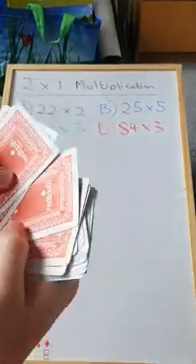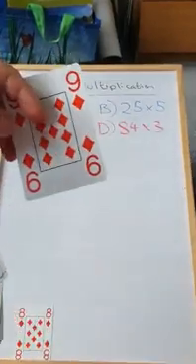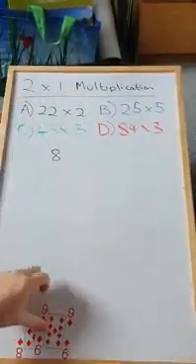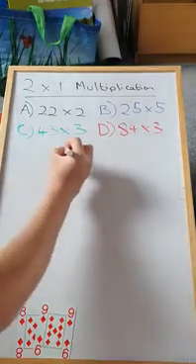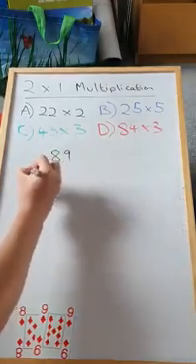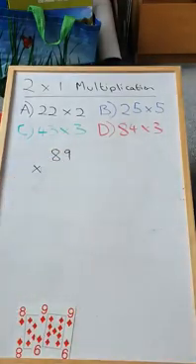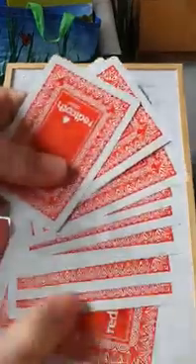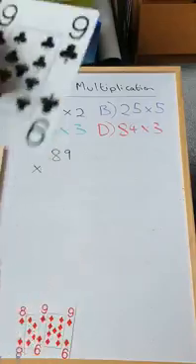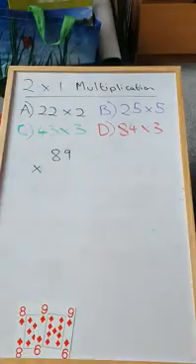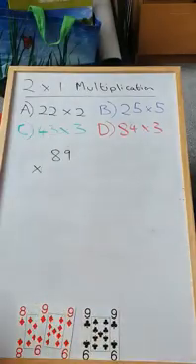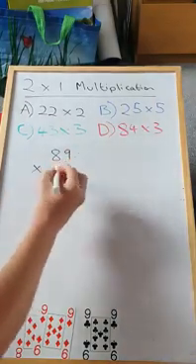Let's pick, I don't know, this one. 9. Ooh, 89. So we're visiting our 9 times table for this one. So 89 times. I'm going to pick one more number out. Let's pick out this one. 9. Brilliant. So our sum is 89 times 9.